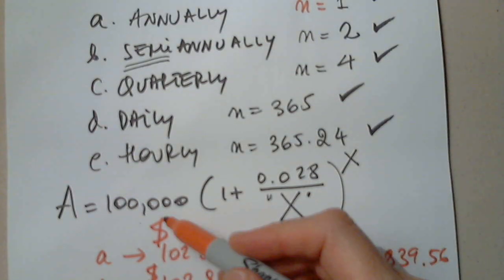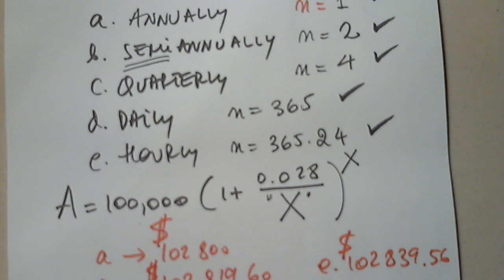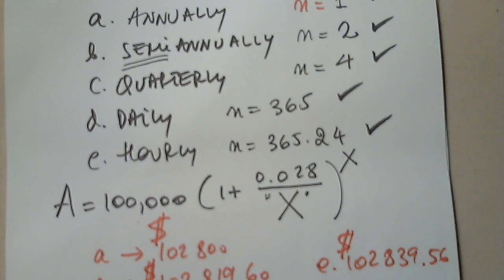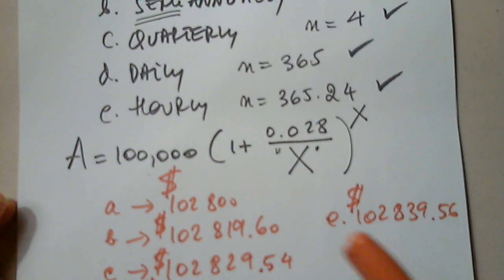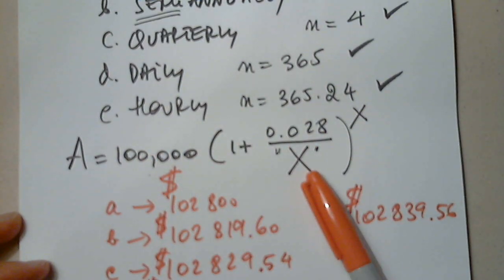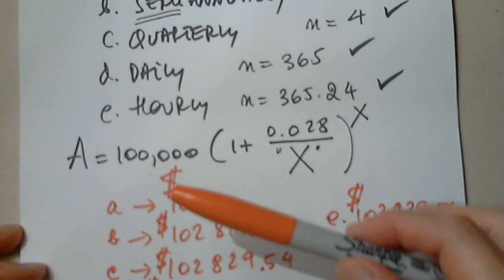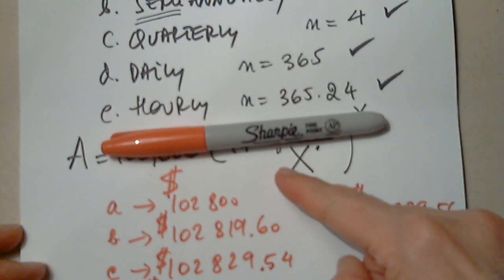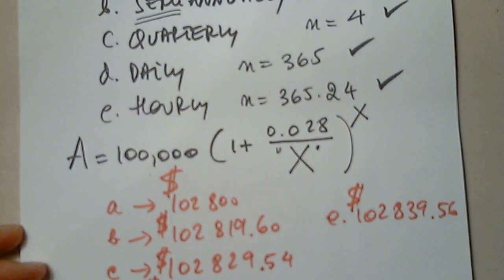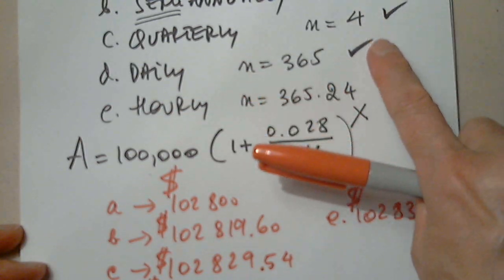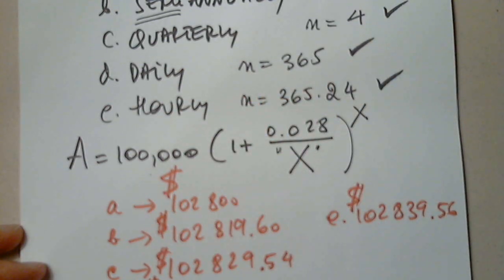So these are the final answers. I didn't have to repeat entering this, maybe incorrectly by mistake. I entered it in the graphing calculator in y equals, and all I need to do, punch in 1, 2, 4, 365, and whatever that number is, and I got all the answers in a blink.